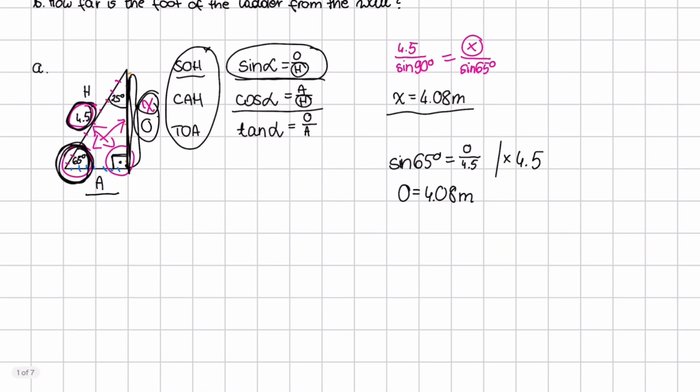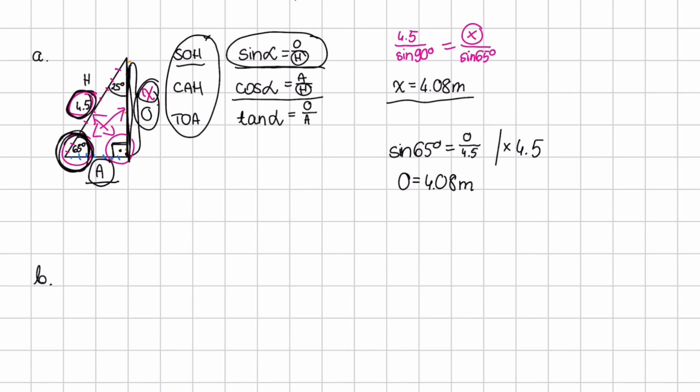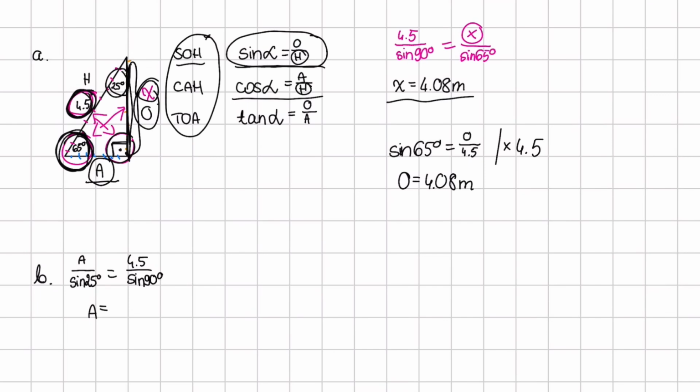Firstly, using the sine rule: this, our adjacent, over sine 25 degrees, equals something that we already have, 4.5 over sine 90 degrees. And now we have to calculate our adjacent.